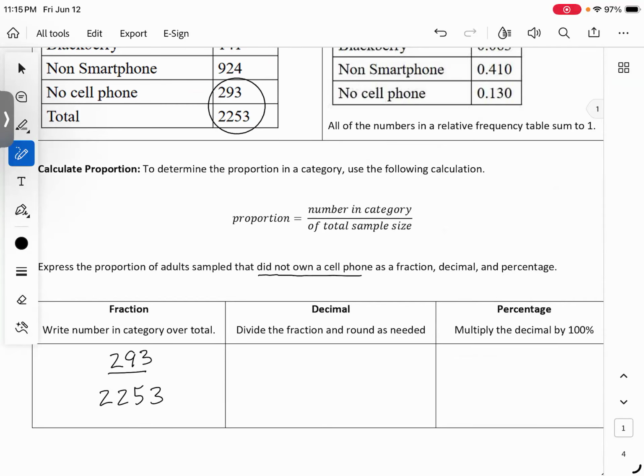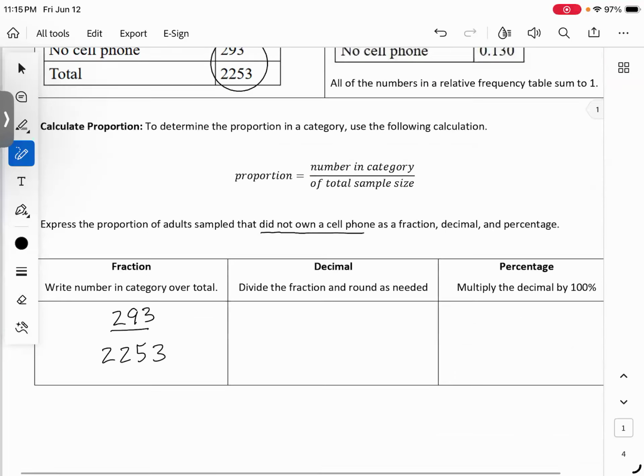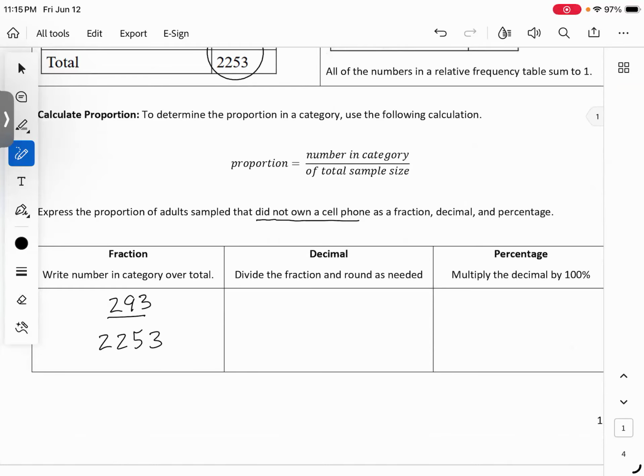But sometimes it's nicer to see it as a decimal. So go ahead and take your calculator and divide that fraction. Again, 293 divided by 2,253. And you should see on your calculator what shows up to be something like 0.13.